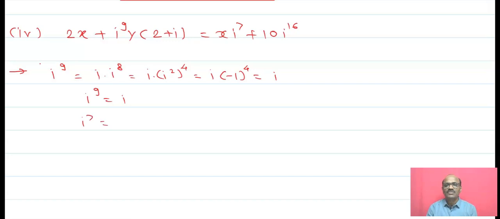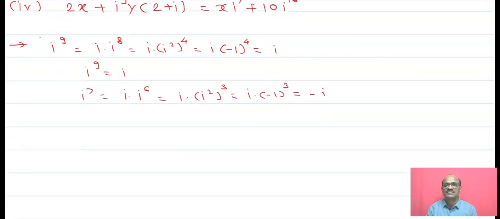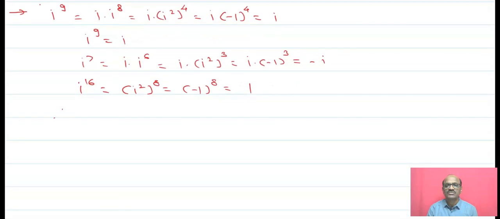Therefore, i raised to 9 is equal to i, i raised to 7 is equal to minus i, and i raised to 16 is equal to (i square) in bracket raised to 8, that is (minus 1) raised to 8, that is equal to 1.